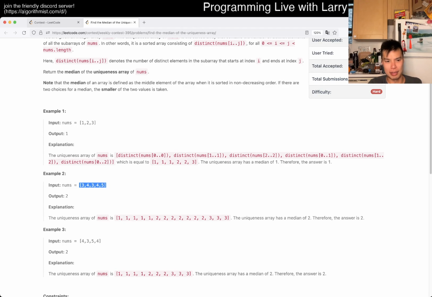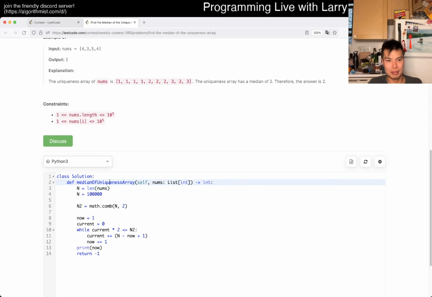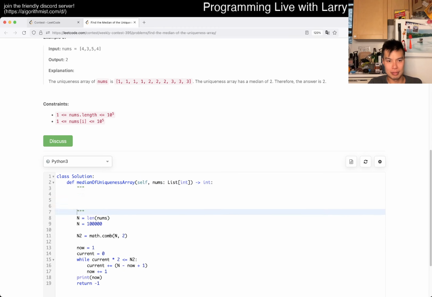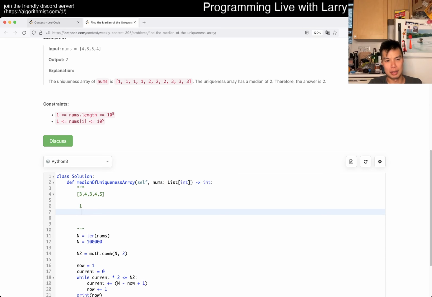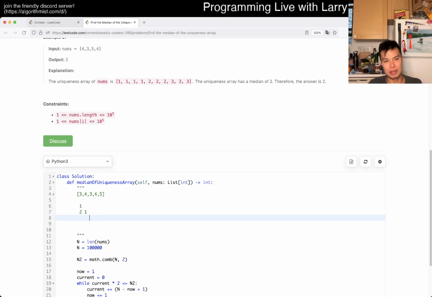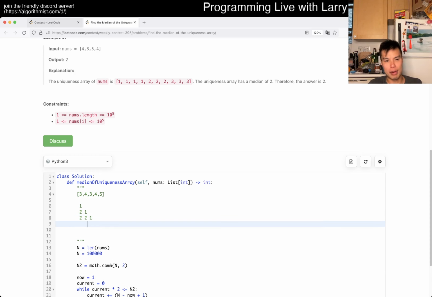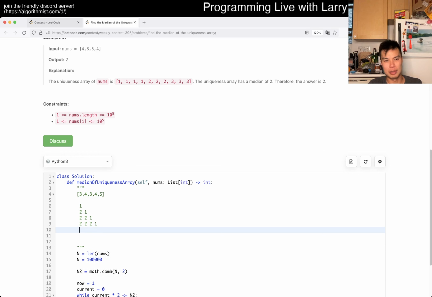Let's add this thing, right? Then you have, let's say 1, and then now 2, 1, and then 3 you have 2, 2, 1. And then now this is just 2, 2, 2, 1.